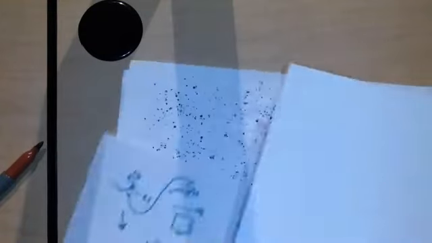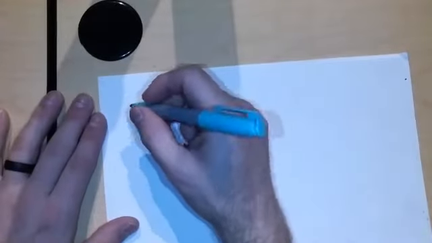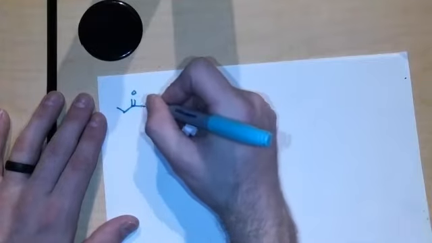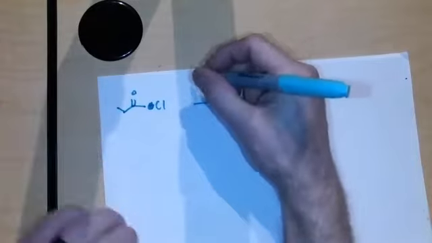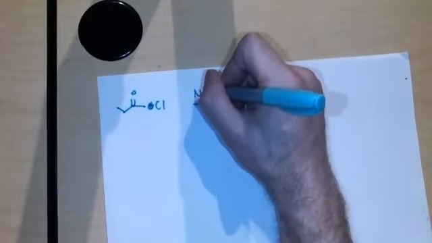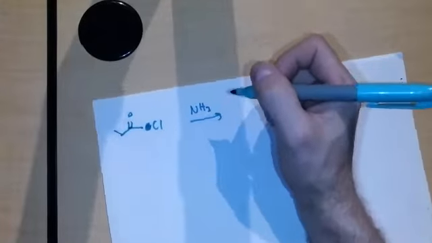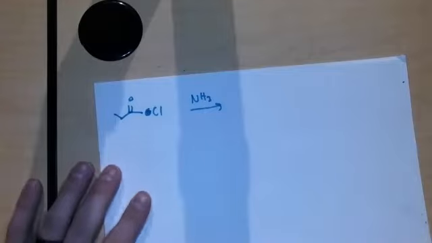We can do this with an amine. We don't really need a base for this one because an amine is a base. So if I just deal with ammonia first, if I put in NH3, this will follow the exact same mechanism.